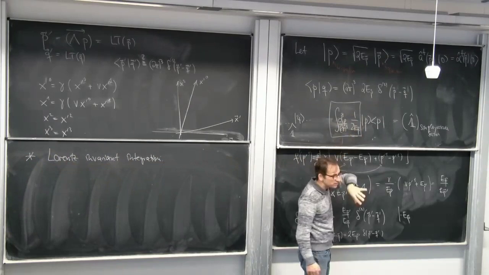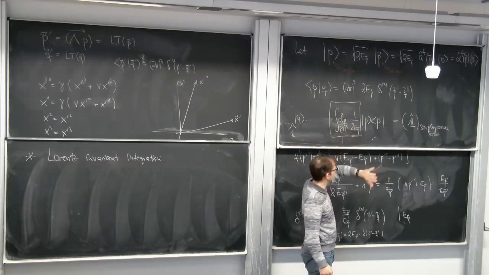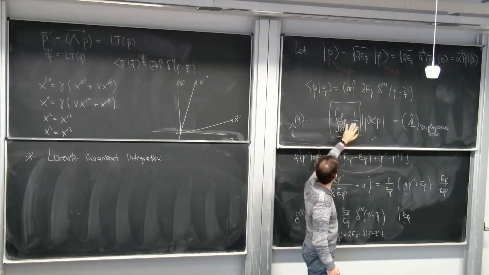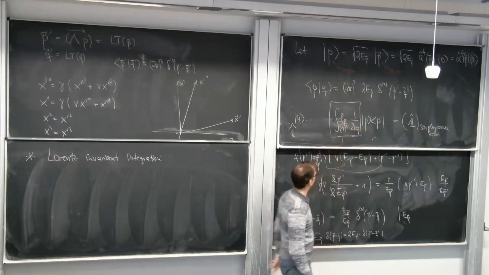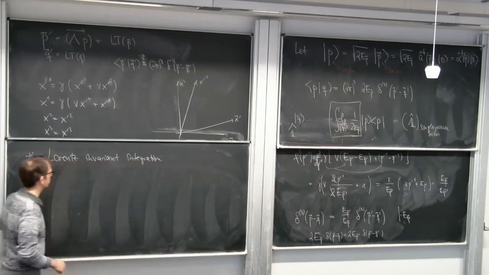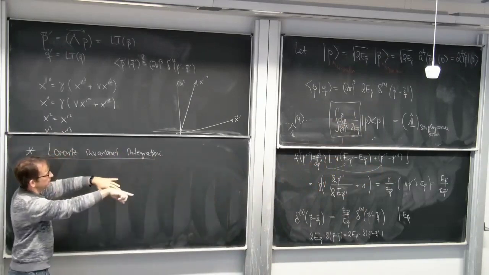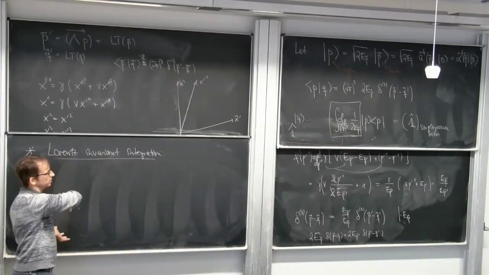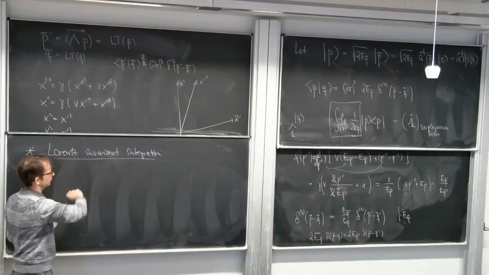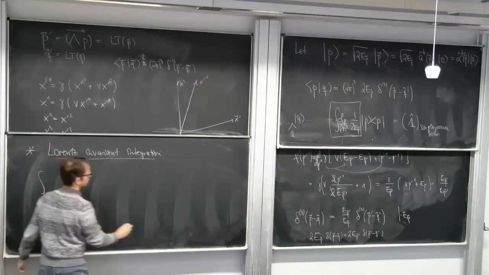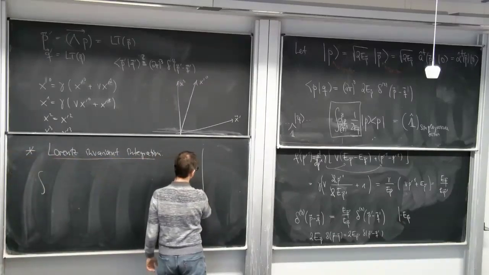So if someone else in a boosted frame or rotating frame should write the same thing, with just primes everywhere. And I want to not massage this into something, but take another expression and then see that they'll turn out to be the same.